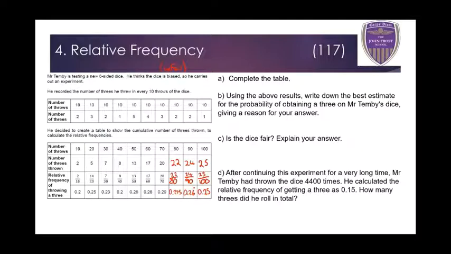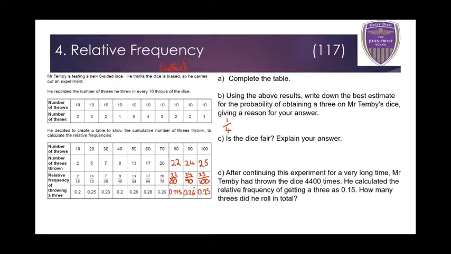So we can see this number bounces above and below 0.25, but eventually, once we've thrown it 100 times, we stop bang on at 0.25, which is the same as a quarter. So I would say the probability of obtaining a 3 on his dice is a quarter.